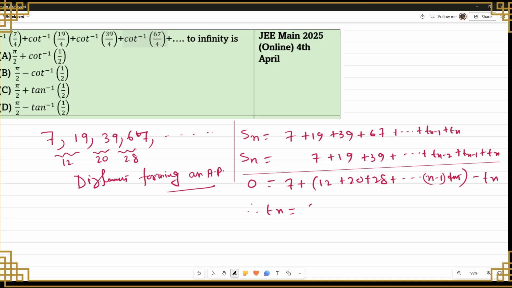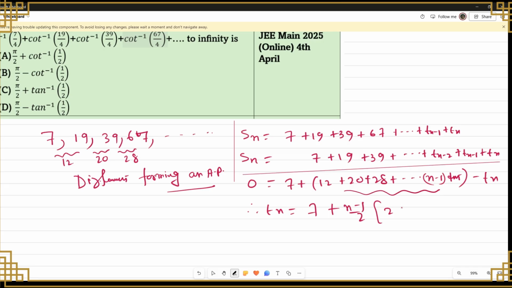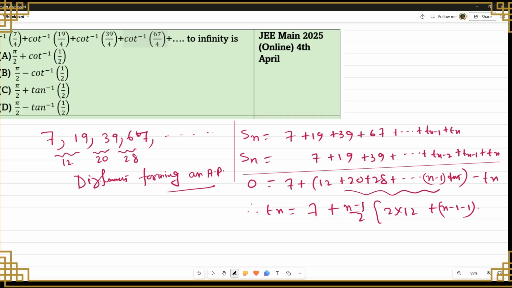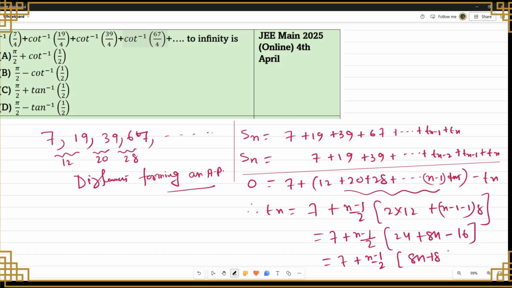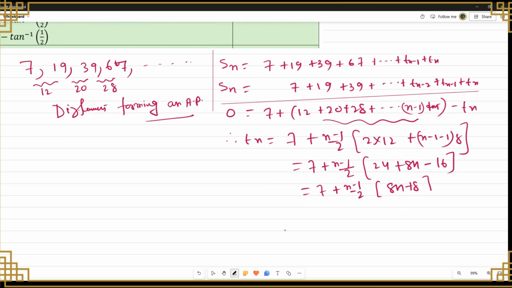So Tn will be what? 7 plus n minus 1 terms. n minus 1 by 2 times twice a plus this into d, 8. 24 plus 18 minus 16. This will be 18 plus 8. You keep 8 outside.